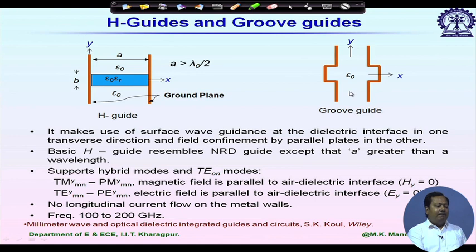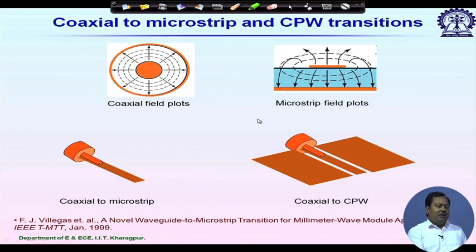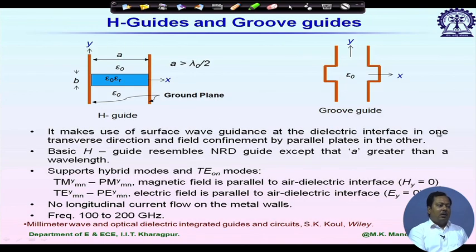We can have lower loss, even lower than air filled rectangular waveguide, but they are not being used currently because of fabrication problem and because of higher order modes. So, these are all different types of dielectric guides.